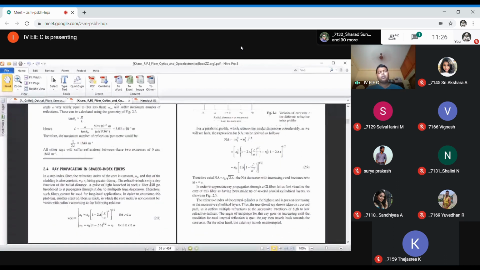So this will be more theoretical. We have completed step index fibers and the mathematical expressions related to step index fibers, so we will keep it that way. For the next class, we will discuss the parameters and mathematical expressions related to graded index fibers. Okay. Because it might confuse you.